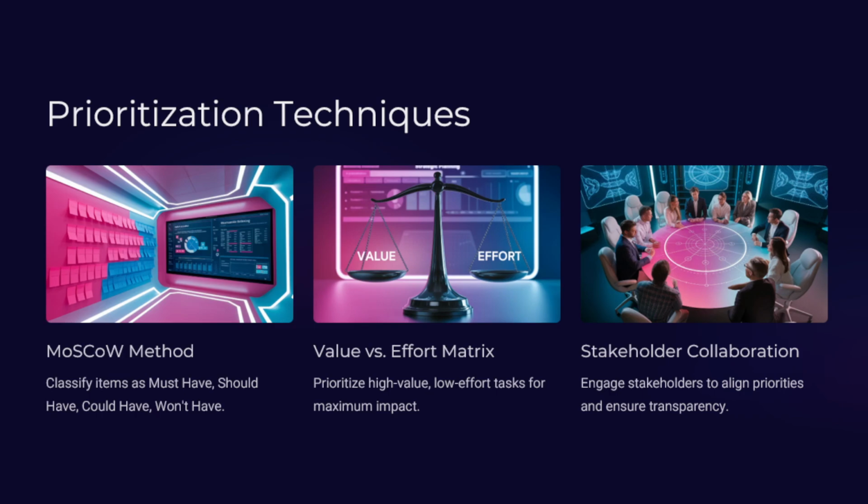And engaging with the stakeholders in both of these processes ensures transparency and alignment on the priorities. So the key lesson to take to your PMP exam is that the product backlog in Agile and Scrum teams is prioritized based on the value and the urgency, and sometimes based on the risk.